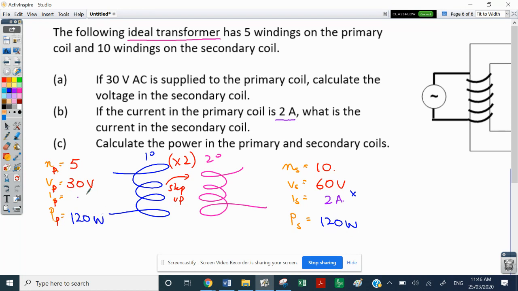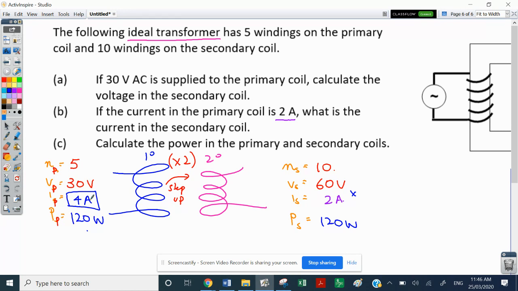And we know that 30 times this value must equal 120 watts, so that must be 4 amps. So if we're stepping up the voltage by 2, we're stepping down the current by 2. Notice that the voltage is increased, but as we've gone from here to here, the amperage has halved.